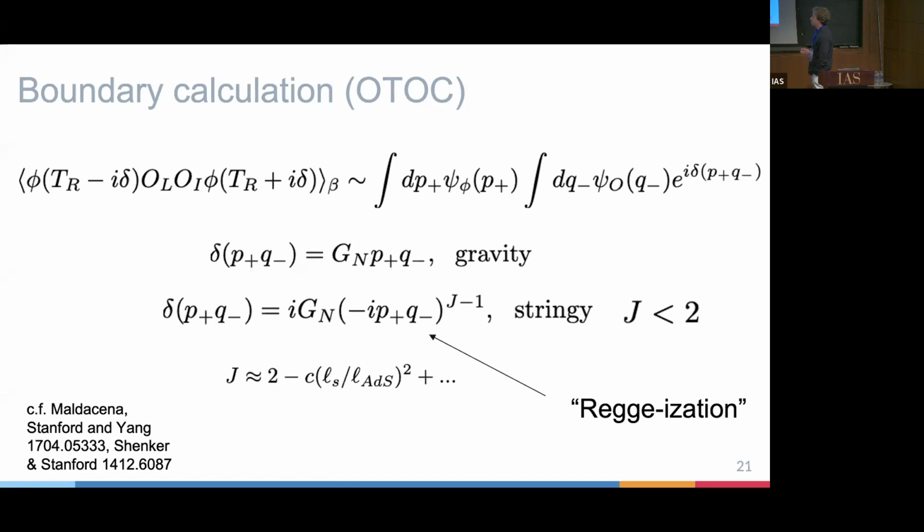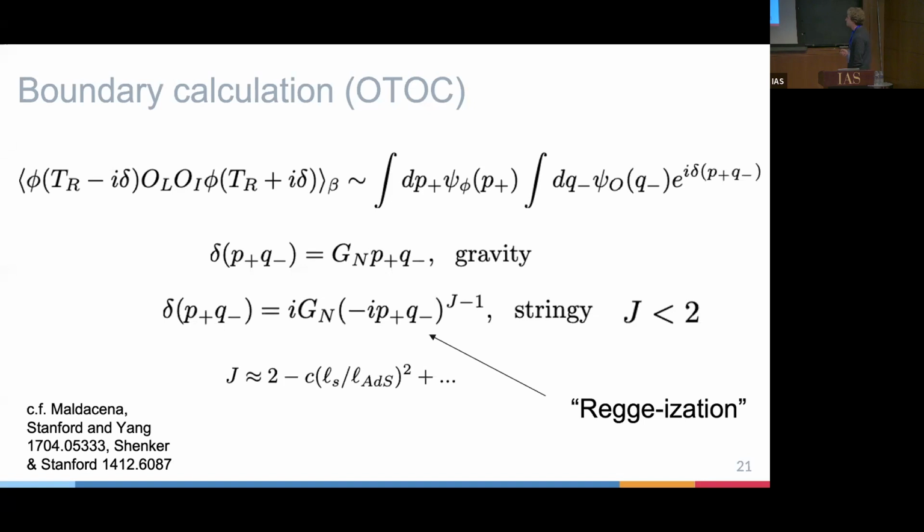Here I'm following the work of Shenker, Stanford, and Yang, who used this sort of as a 2D toy model of the higher dimensional case. We can also do these calculations, and did it in the paper in higher dimensions explicitly, and it does not change the answer qualitatively. But the idea that you should have in mind is that this j exponent here is approximately 2 minus some correction, which is of order the string scale over the AdS scale.